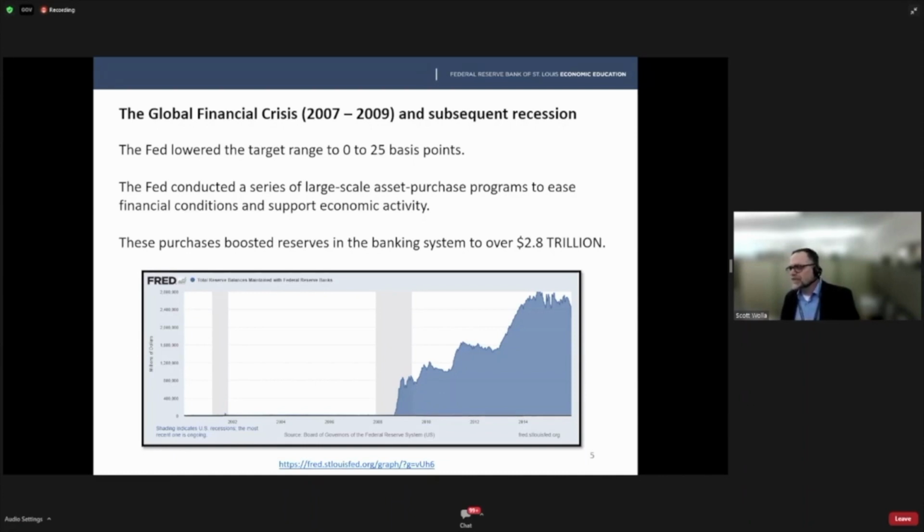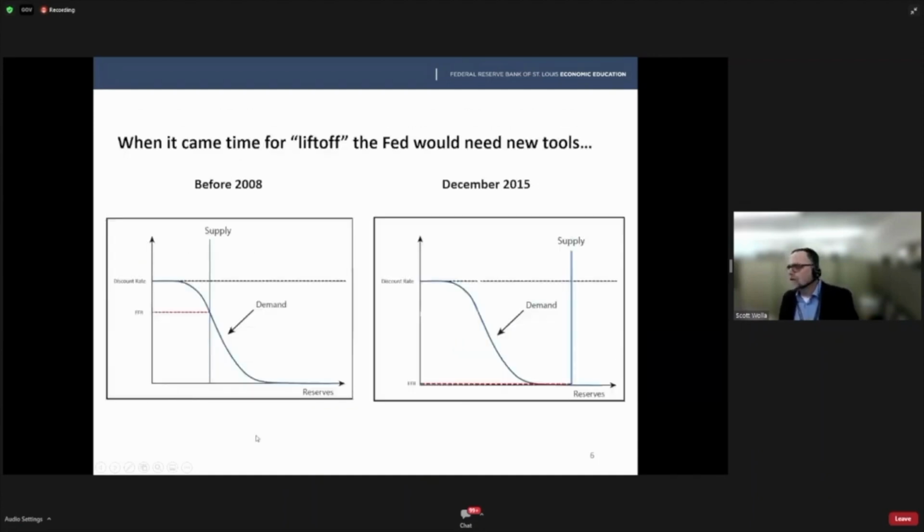So you can see that the Fed's balance sheet increased pretty dramatically starting in 2008 as a response to the great financial crisis. So when it came time for liftoff, and liftoff is a reference to when the Fed would raise the federal funds rate above the zero lower bound, this caused a little bit of a problem.